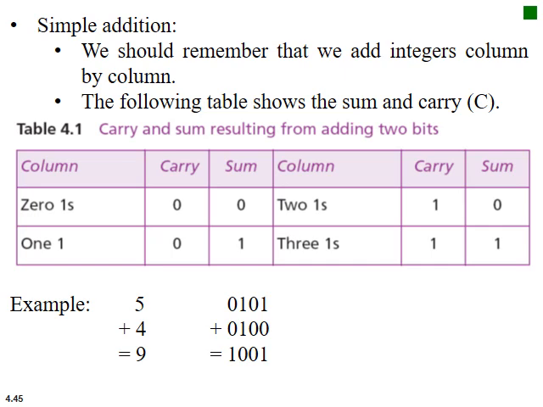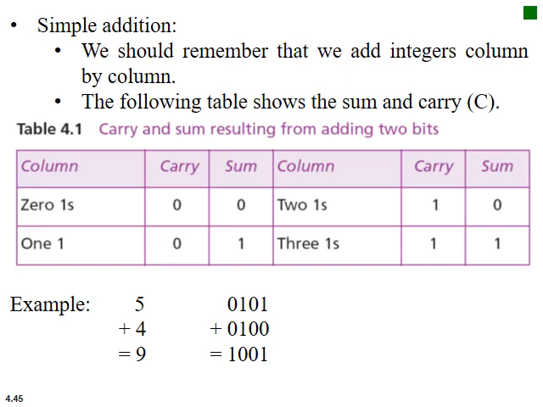Basically what it says there is that if we add 0 to 0, we get 0. So the actual sum is 0, and there's going to be no carry. When we have 1 and 0, then basically the sum is 1. You know, 0 plus 1 is 1.